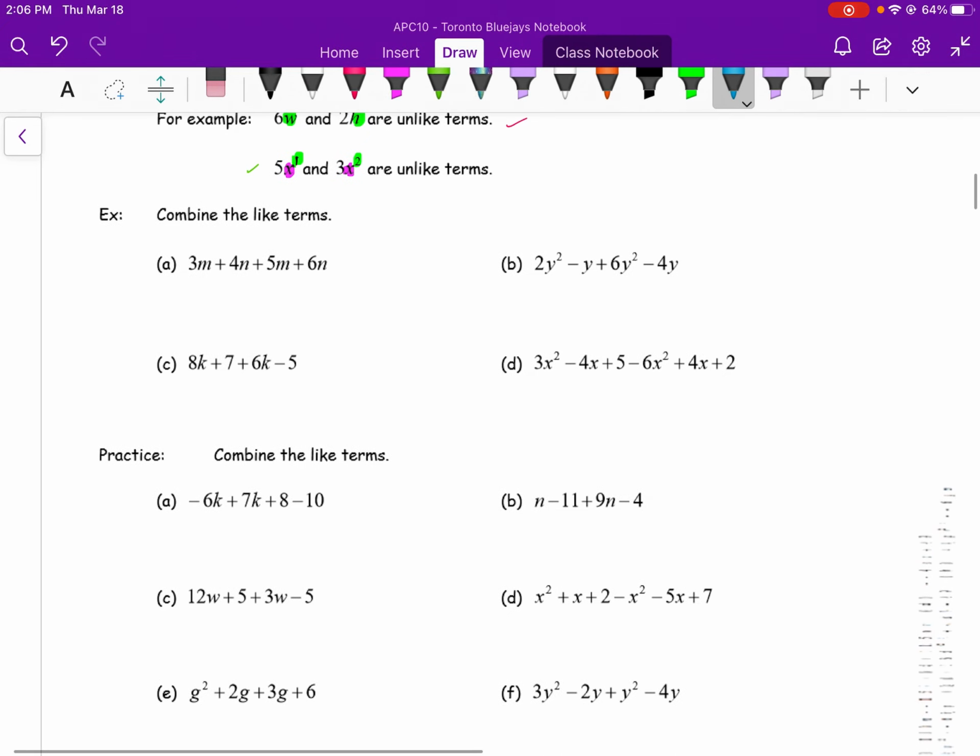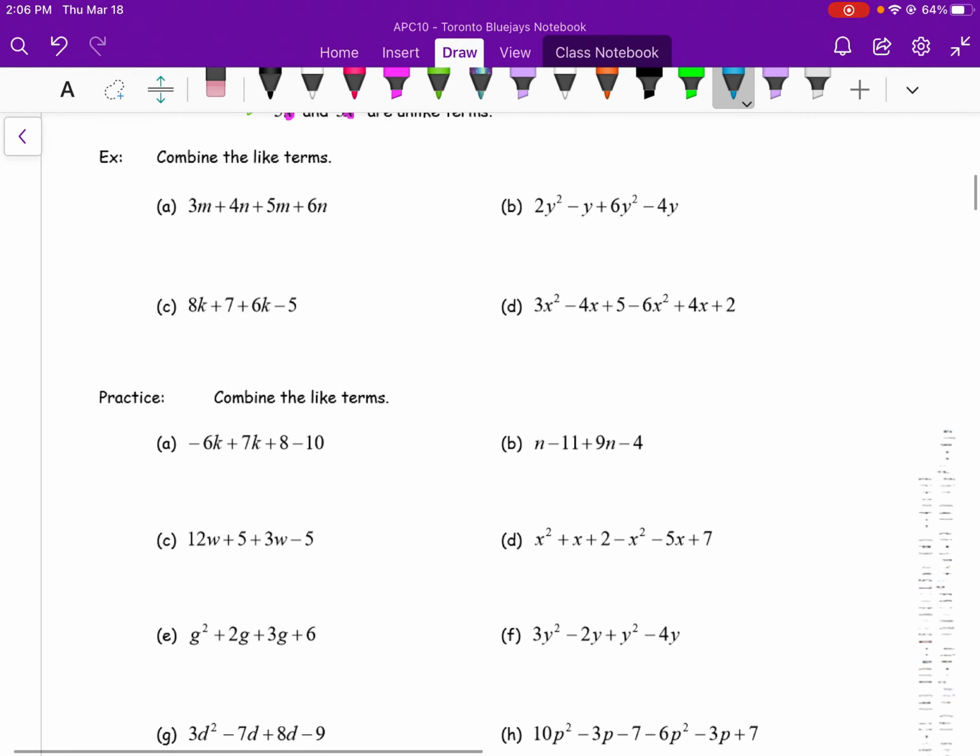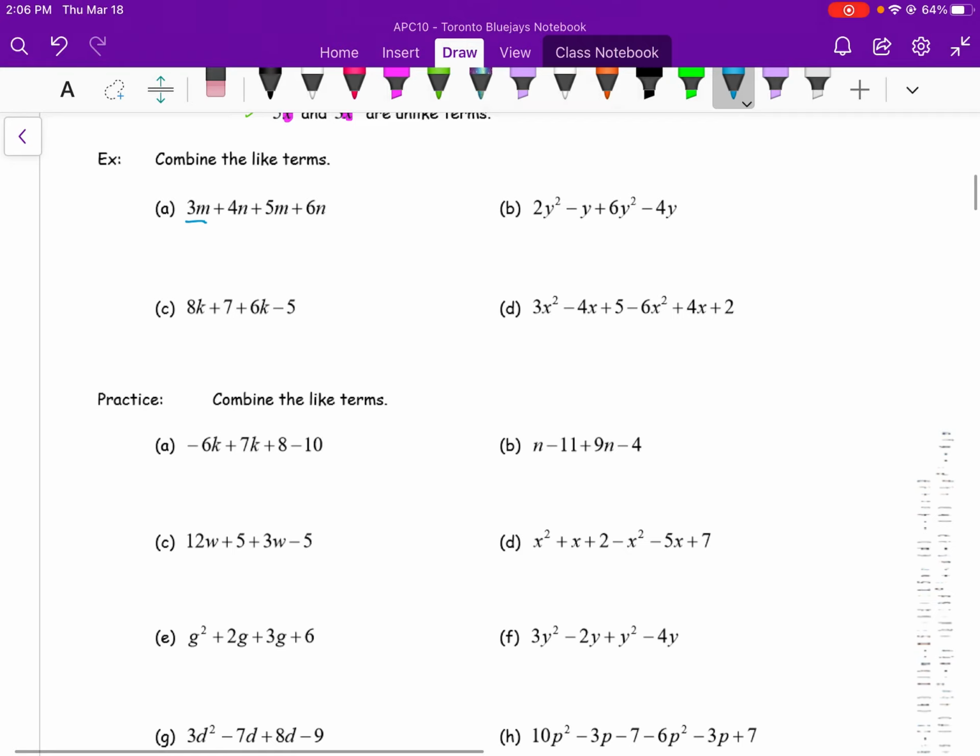So as we continue here, we're going to combine like terms. I always think it's a really good algebraic practice to move all like terms beside each other. It really communicates your ideas well. So I'm going to pick out my like terms. 3m and 5m are like. 4n and 6n are also like.